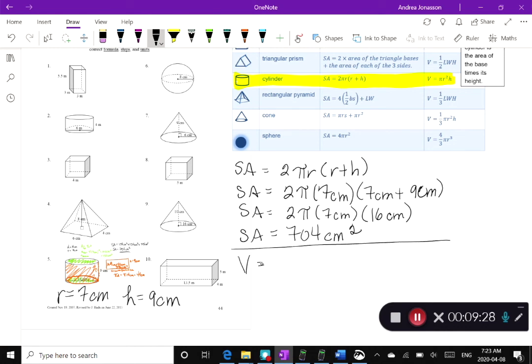We get pi r squared, which is the area of the top, right? The area of the circle is the top. And then you just multiply that by the height, and you get the volume of a cylinder, pi r squared h. So volume will be pi times 7 centimeters squared times the height, which is 9 centimeters.